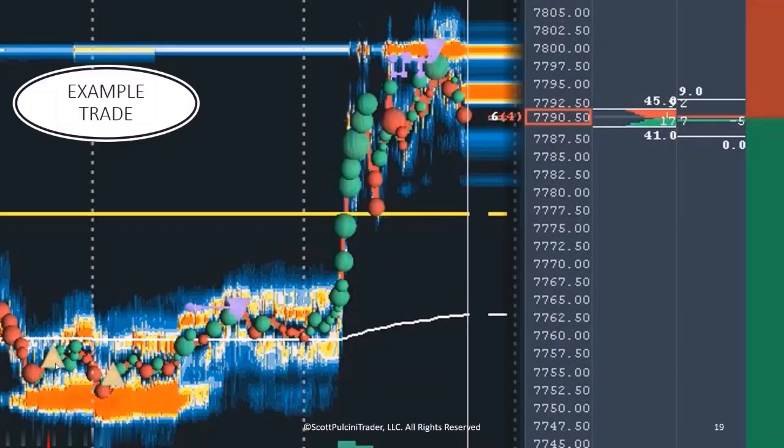I entered here with a long order, and then another one over here when the bids were just stacking on top of each other down here at around the 50. It didn't even get exactly to the 50, it stopped at around 52 a little bit sooner, then I took some profit around 62, and the next one took profit around 7,800.